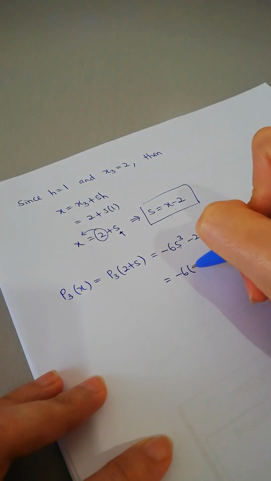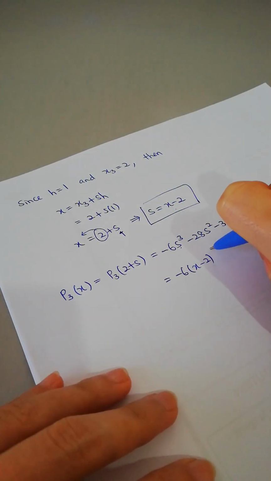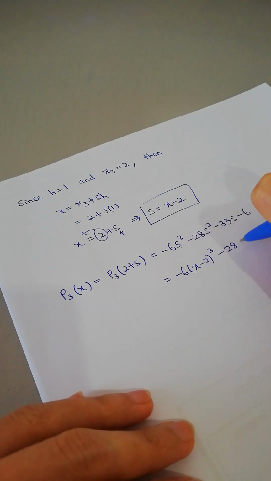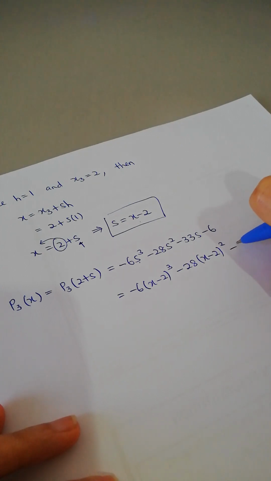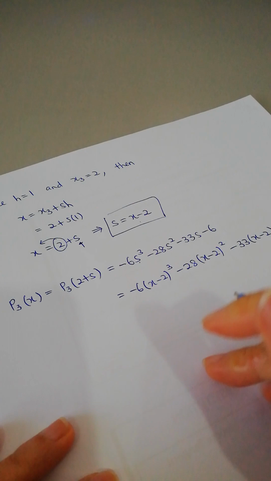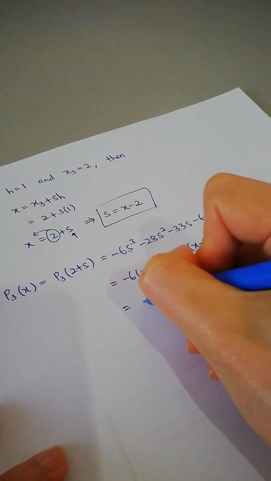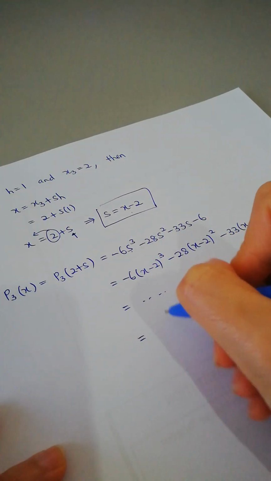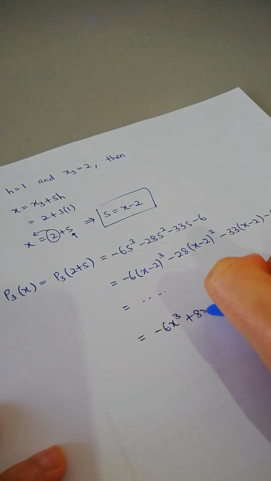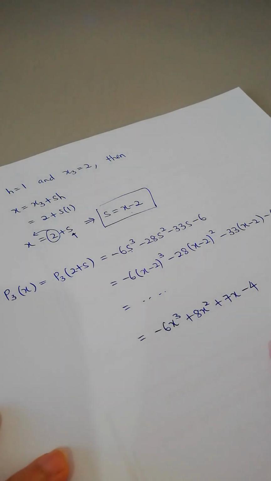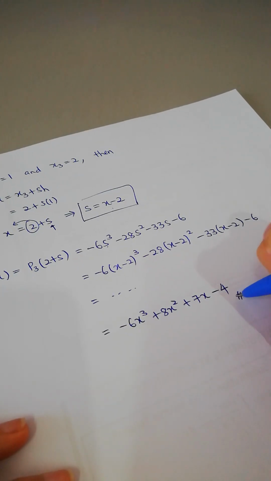So you have x minus 2 cubed minus 28 times x minus 2 squared, and then minus 33 times x minus 2, and then minus 6. And then you simplify. I would like you to do it by yourself, so you should get your final answer like this. If you get a different one, please double check and do let me know if I make any mistake. So this is your final answer for part C.